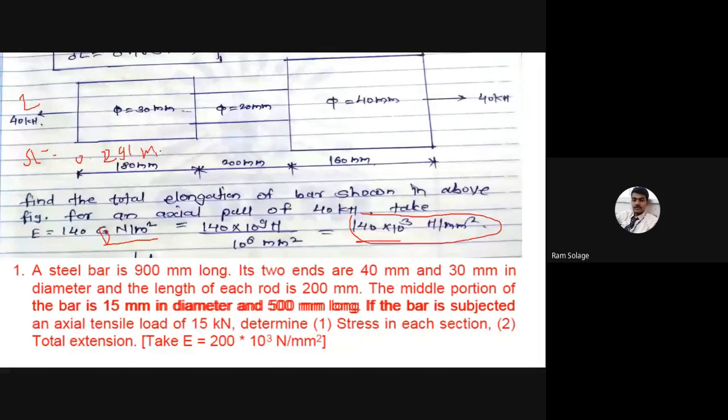A student has given the answer 0.291 mm. Correct. Kunal Shetty has given, Ajit has given, Aniket Kapse, Anil Dungre. I think it is the correct answer. Three to five students have given 0.291 mm. Correct. Any other student? Correct.